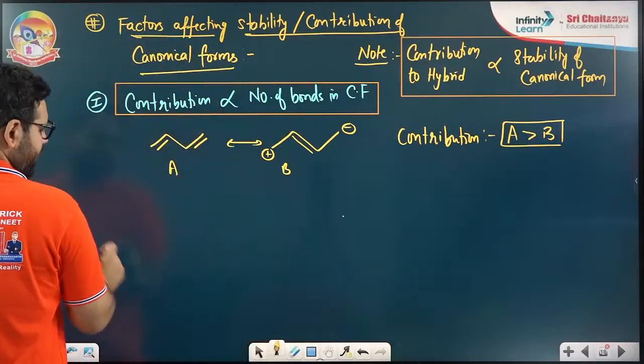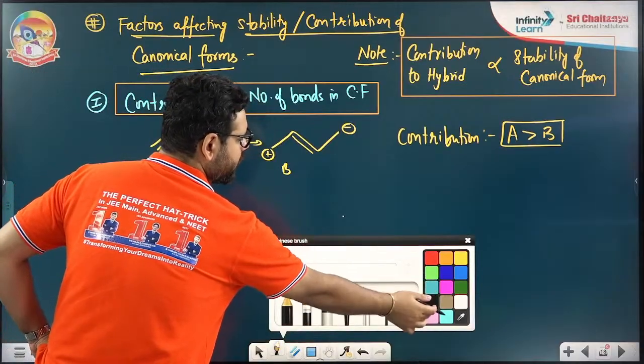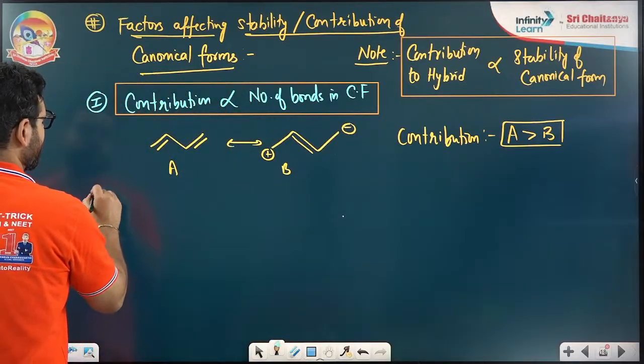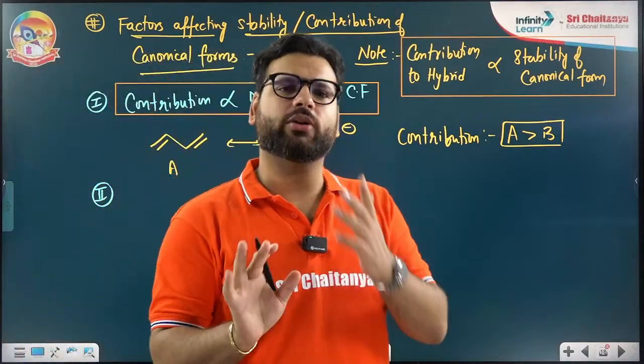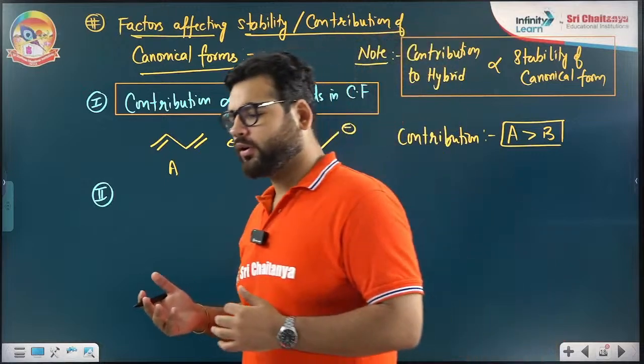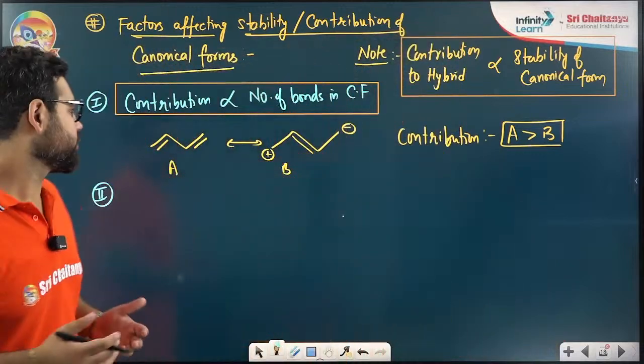What you could also check, along with this, is that contribution is directly proportional to complete octets. The more the number of complete octets, the more the contribution. So this is the next one.